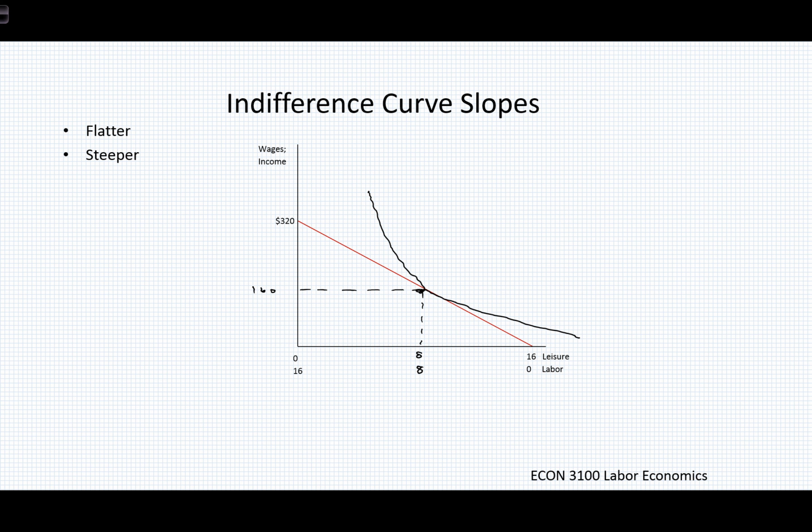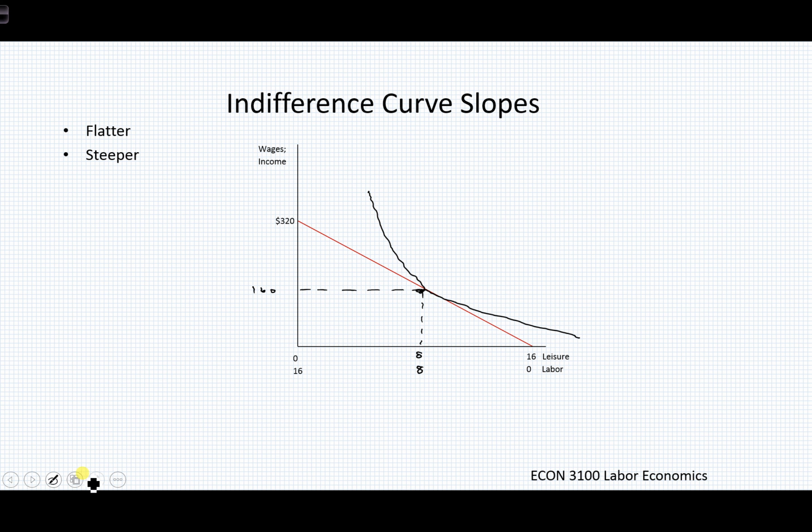So flat indifference curves, steep indifference curves really are just giving us an idea of what kind of trade-off between labor and leisure must be required, what kind of change in wage must be required in order to get them to make that trade-off. And of course, when it's a steep indifference curve, then what we've really seen is that a significant wage increase must take place or a significant trade-off relationship exists.